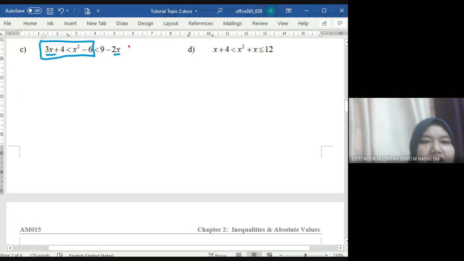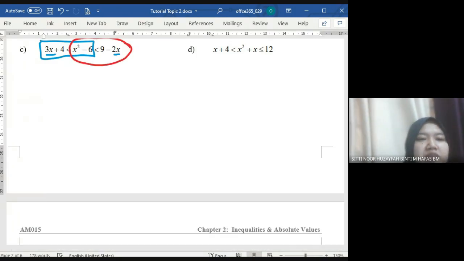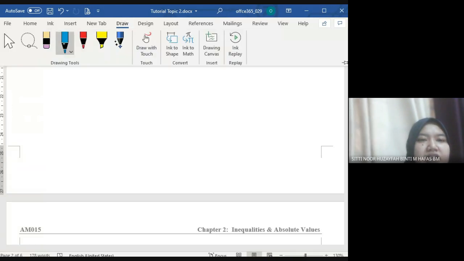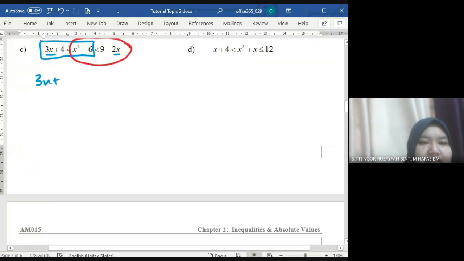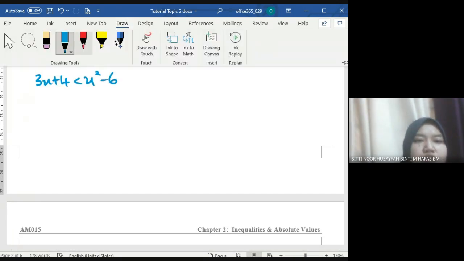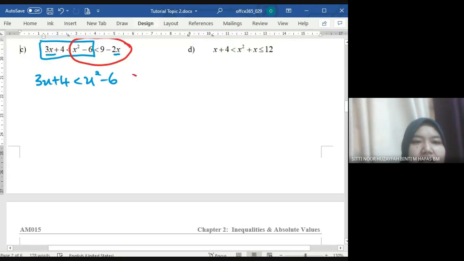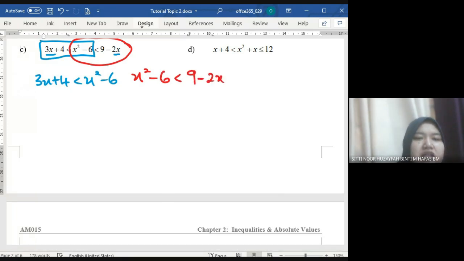So apa yang kita boleh buat, kita separate into two inequality. Yang pertama adalah 3x tambah 4 kurang daripada x kuasa 2 tolak 6. Yang kedua adalah x kuasa 2 tolak 6 kurang daripada 9 tolak 2x. Jawapan kita kena satisfy gabungan kedua-dua inequality.